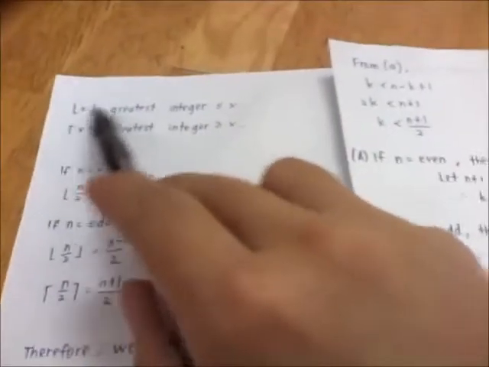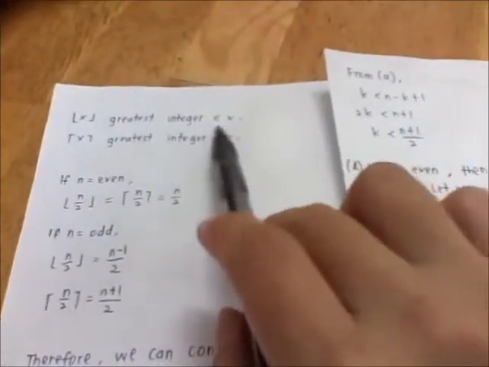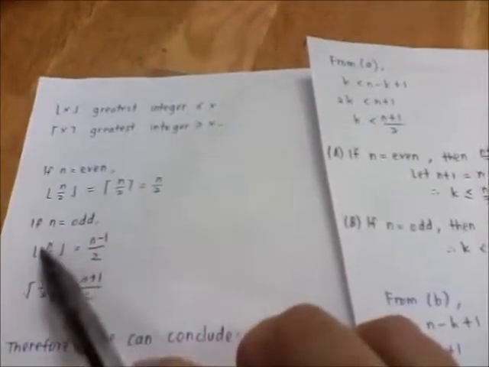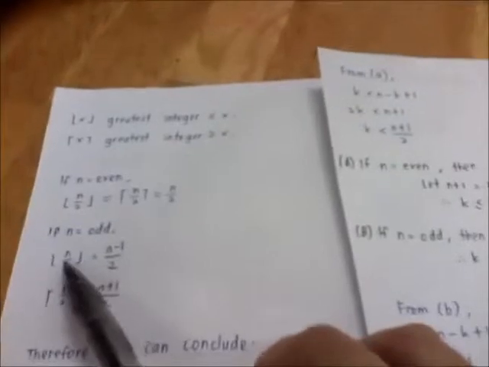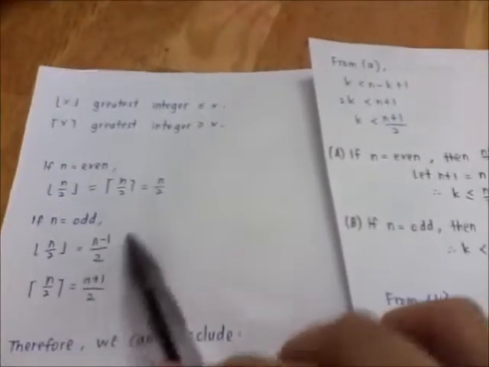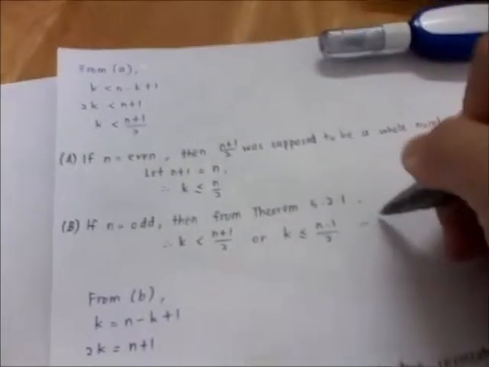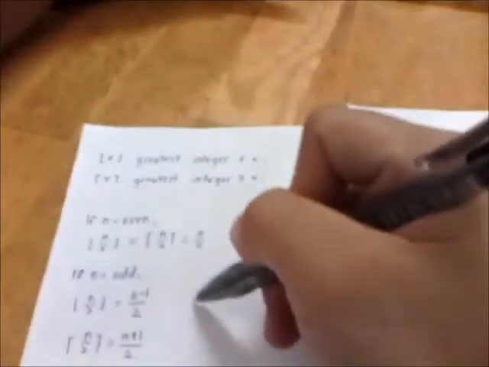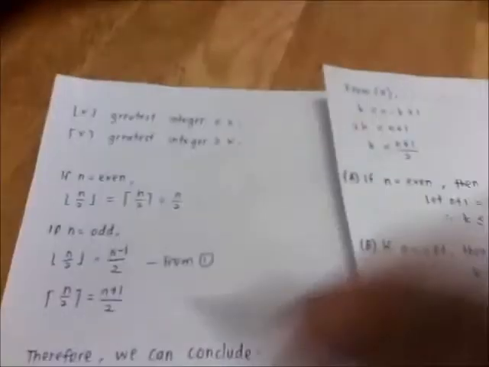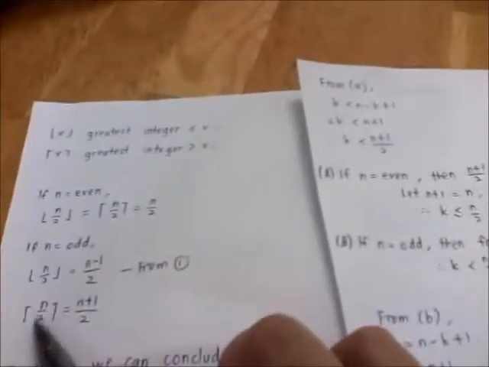Some integer k is smaller than or equal to n minus 1 over 2. So we know that the floor of n over 2 is equal to n minus 1 over 2. This is the one we get from here. Let me put it as 1. So we can say this is from 1.